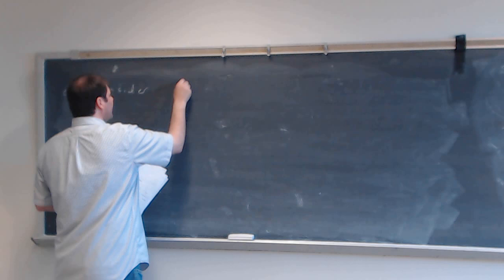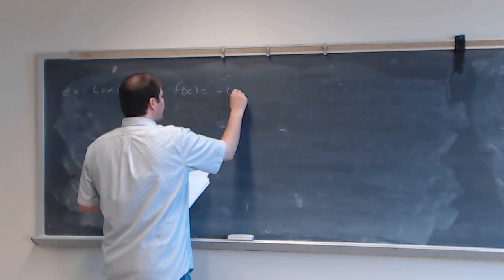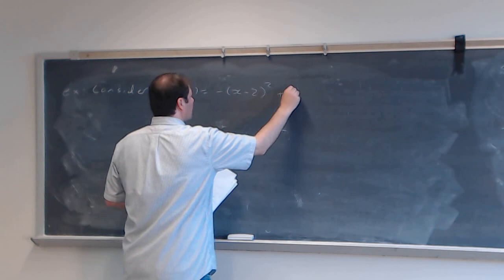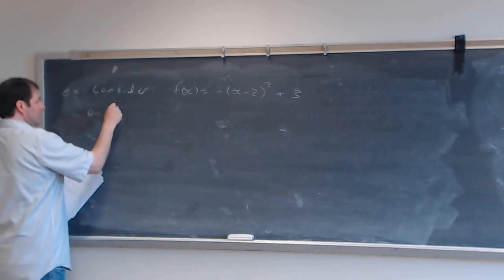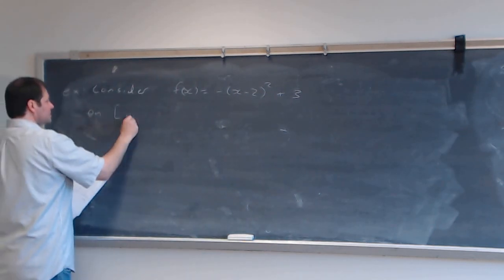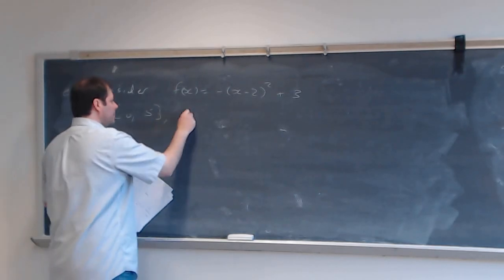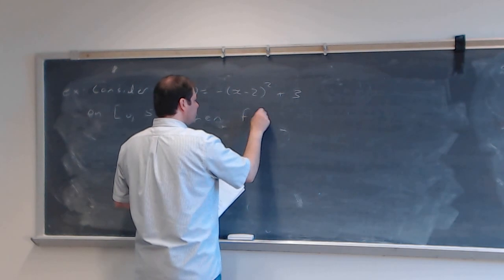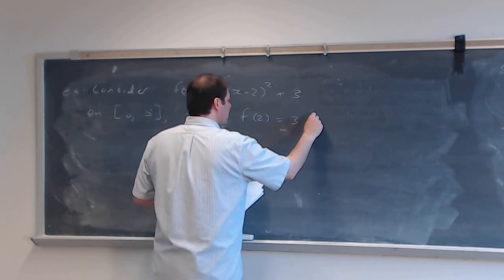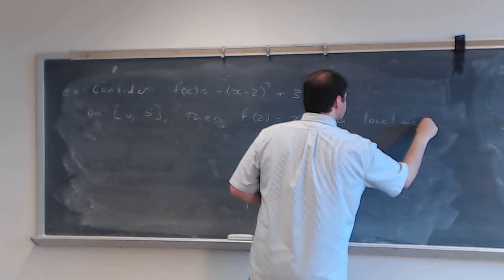Consider f of x, the previous problem we had, equal to minus the quantity x minus 2 squared plus 3. We see, if we define it on, let's say, from 0 to 5, okay, then f of 2 equal to 3 is a local max. That's what we saw.